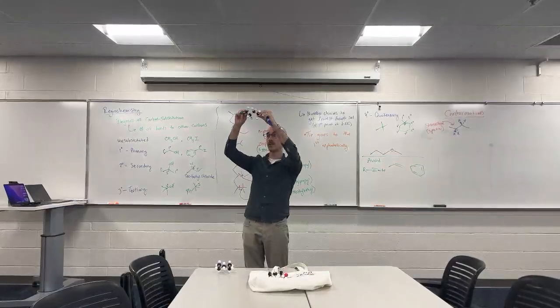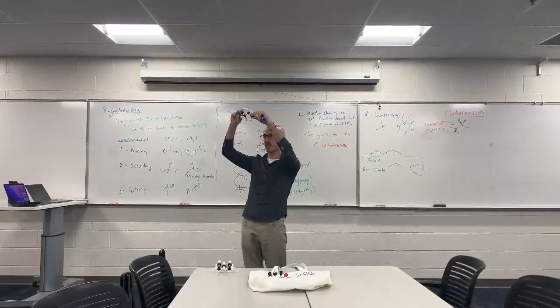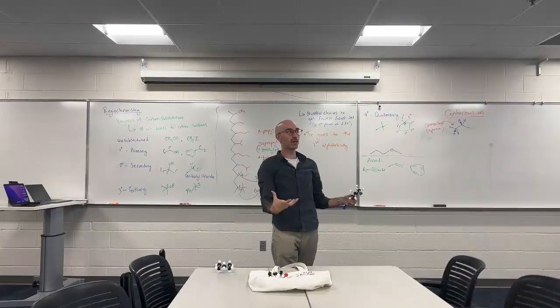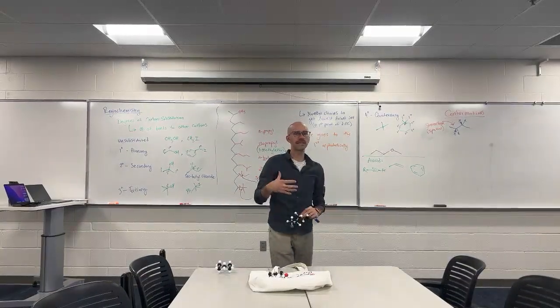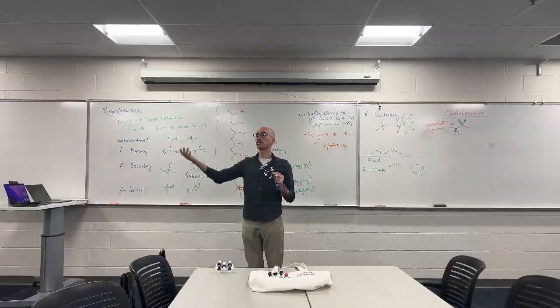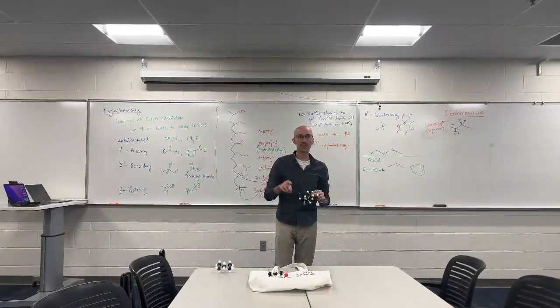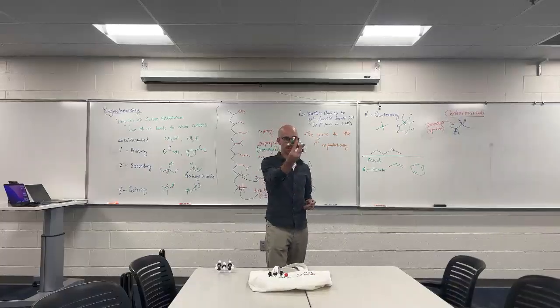But we need to be able to draw them and represent them in their structures as well. And just because a molecule has a lowest energy conformation doesn't mean that that is where the molecule is reactive, or that's where we want the molecule to be. It also doesn't mean that's where the molecule is all the time.